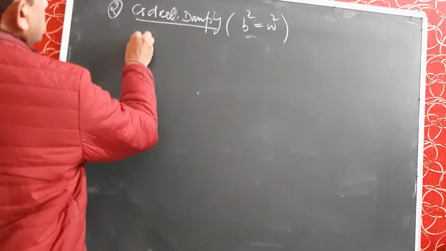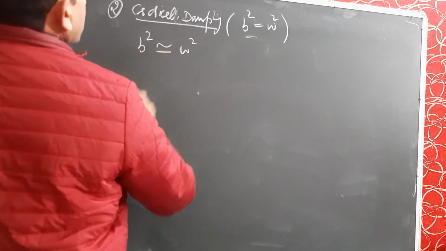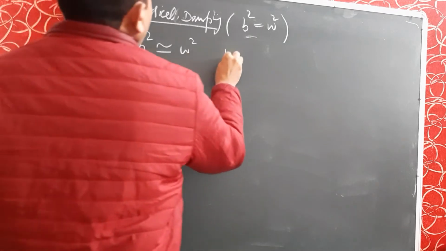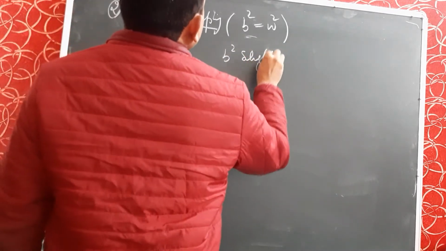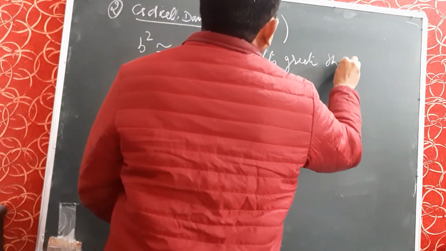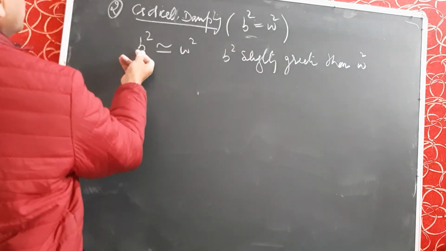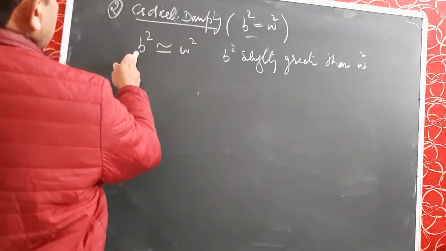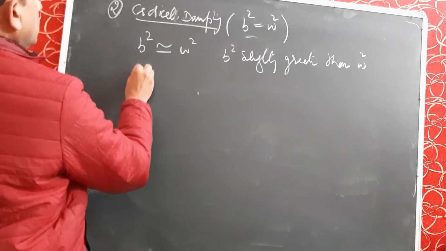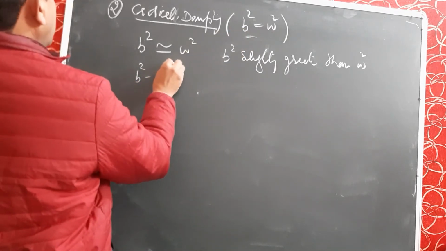So we will consider b square slightly or approximately equal to omega square. It is not exactly equal, but b square is approximately equal to omega square, or slightly greater than omega square, greater by a very small quantity. So we will take this b square minus omega square under root.